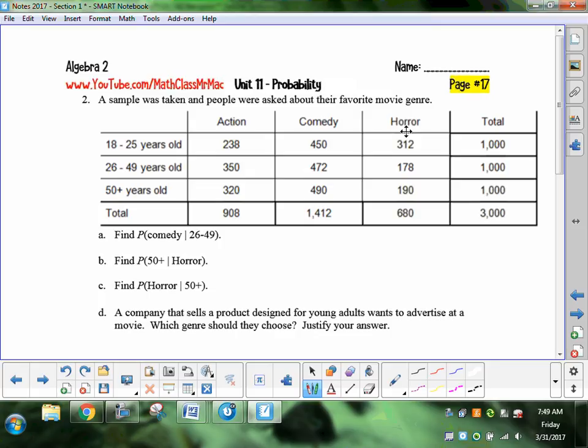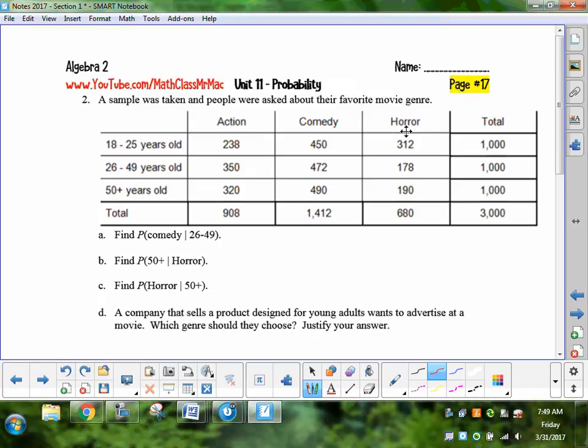Try to figure out A, and set up the actual probability that will help inform what you're going through and doing.